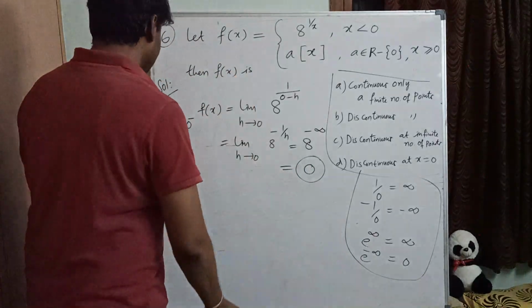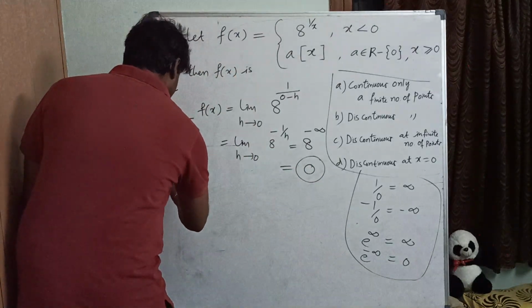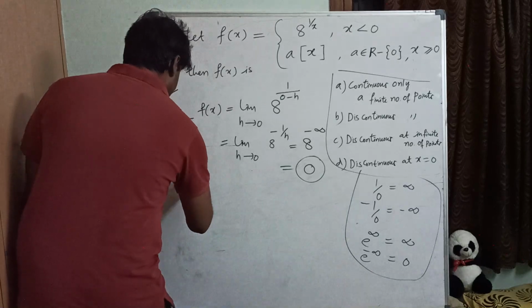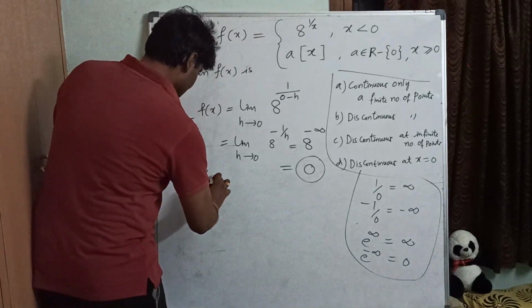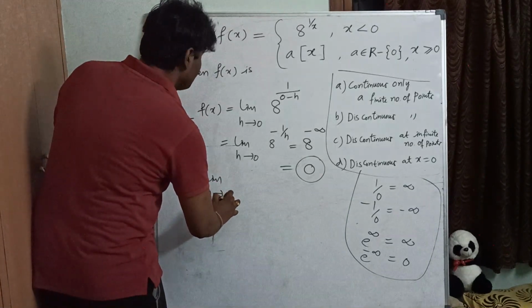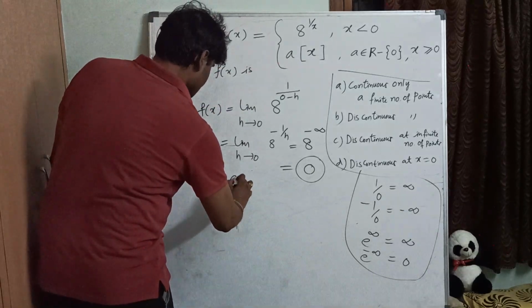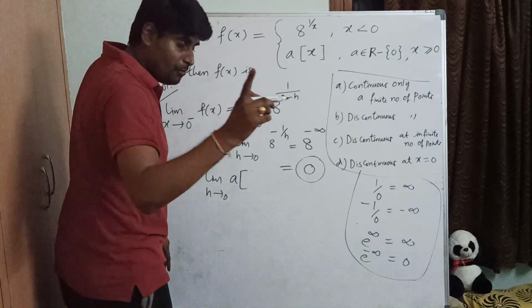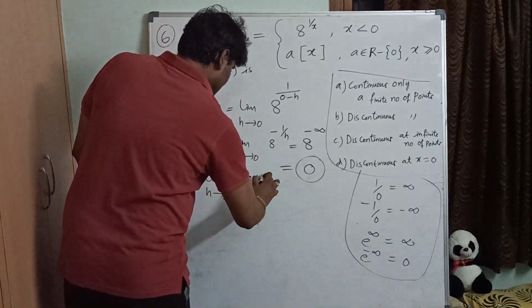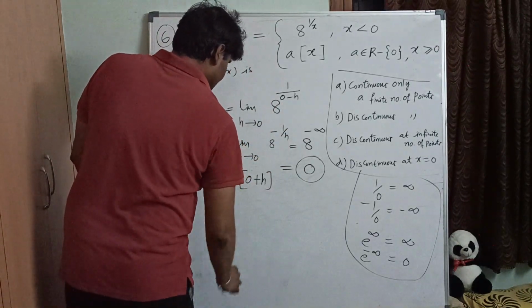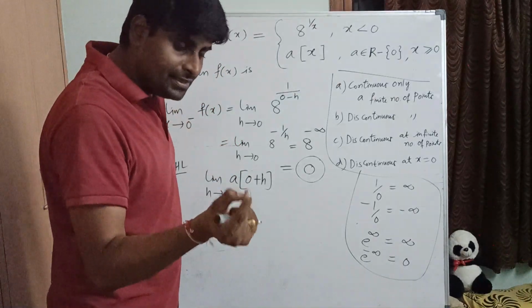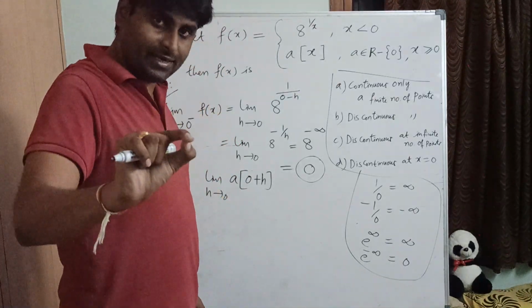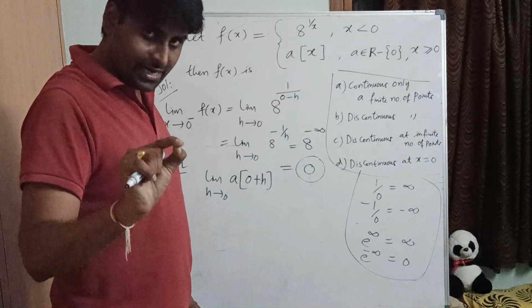Now RHL we will see. So limit h tends to 0, a into step of, in place of x, 0 plus h. Now tell me, h is a small quantity, 0 point something, correct or not? That we know in limits and continuity.